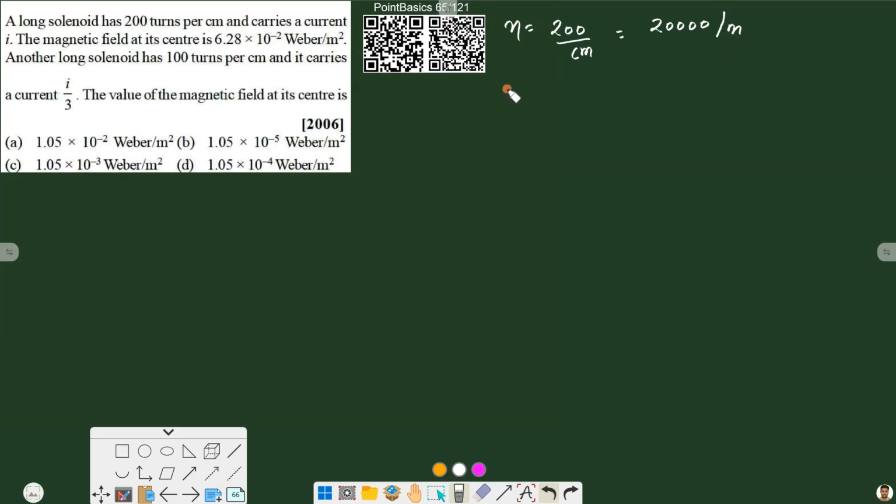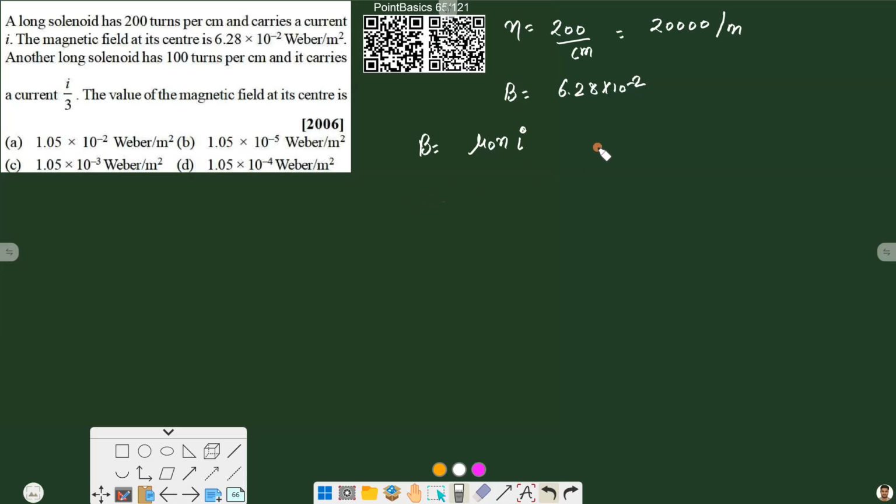Magnetic field is given at the center as 6.28 × 10^-2. Another long solenoid has 100 turns per centimeter and carries current I by 3. The value of the magnetic field at the center is? For a solenoid, the magnetic field is given by mu naught n I at the center, and at the edges it is mu naught n I by 2.